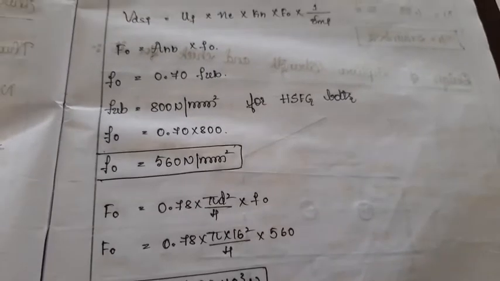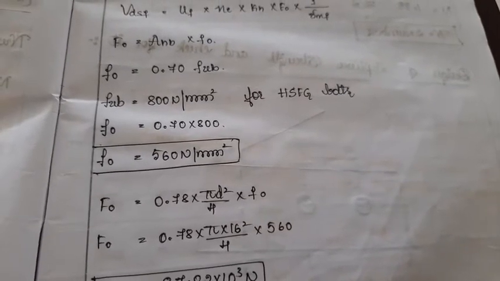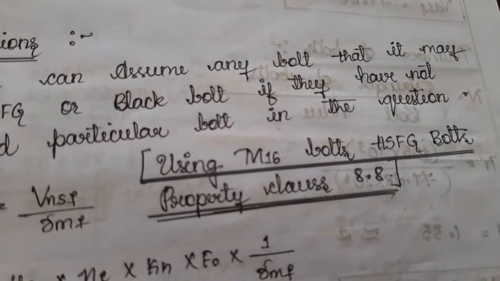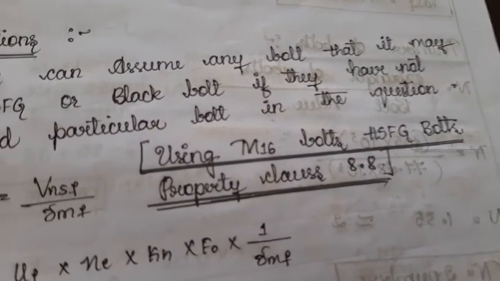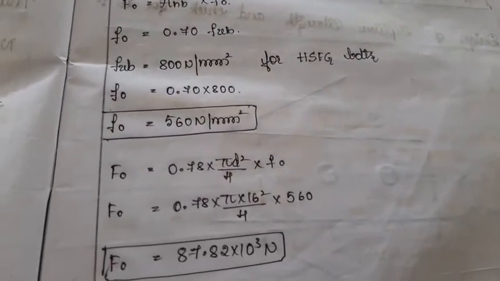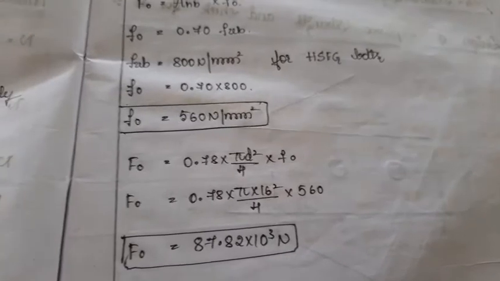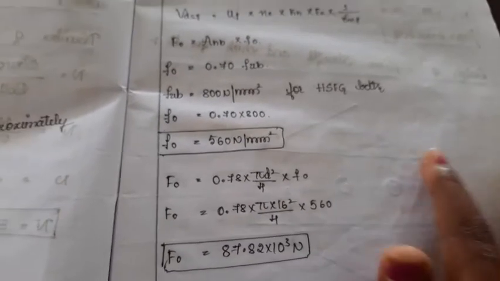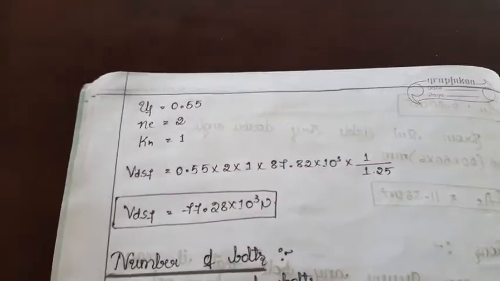D is nothing but the dia of the bolt. Dia of the bolt is assumed here, that is M16 bolts. So M16 indicates the dia of the bolt. Okay. So substitute the dia of the bolt into 560. So capital F naught will be 87.82 kilonewton.